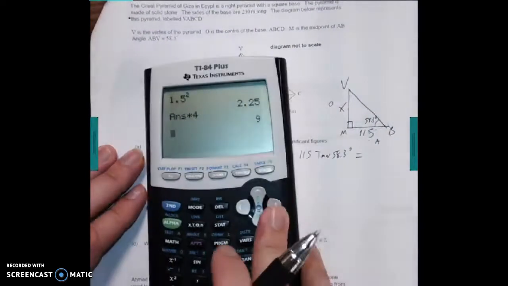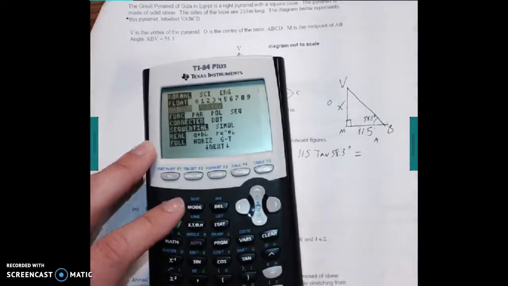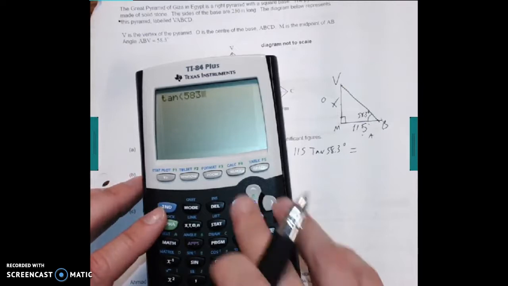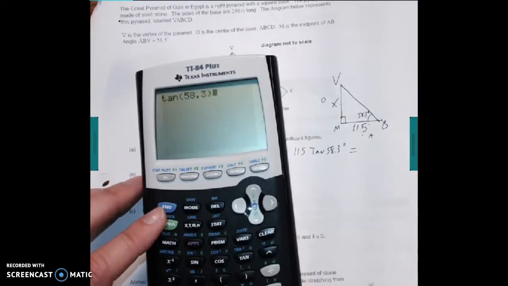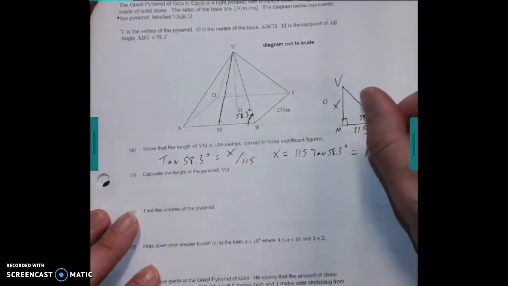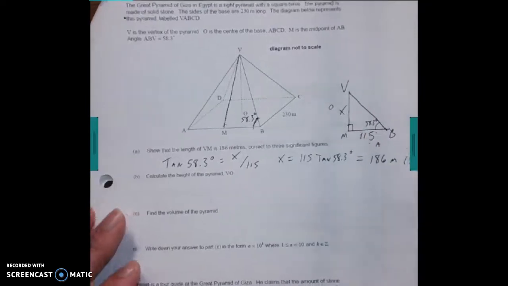And that is just simply calculator work. Make sure you're in degrees mode first. Always in degrees mode. Tangent of 58.3 times 115 is 186.2, which is 186 meters to 3 significant figures.